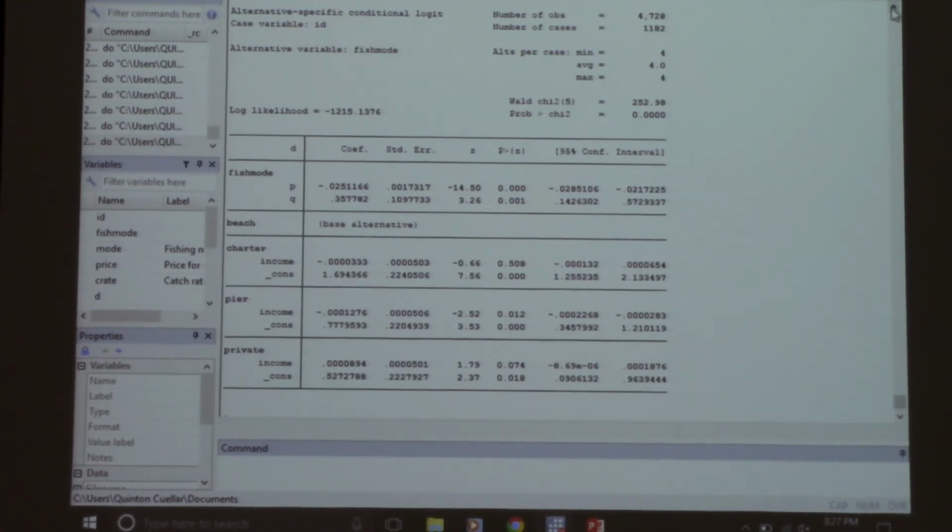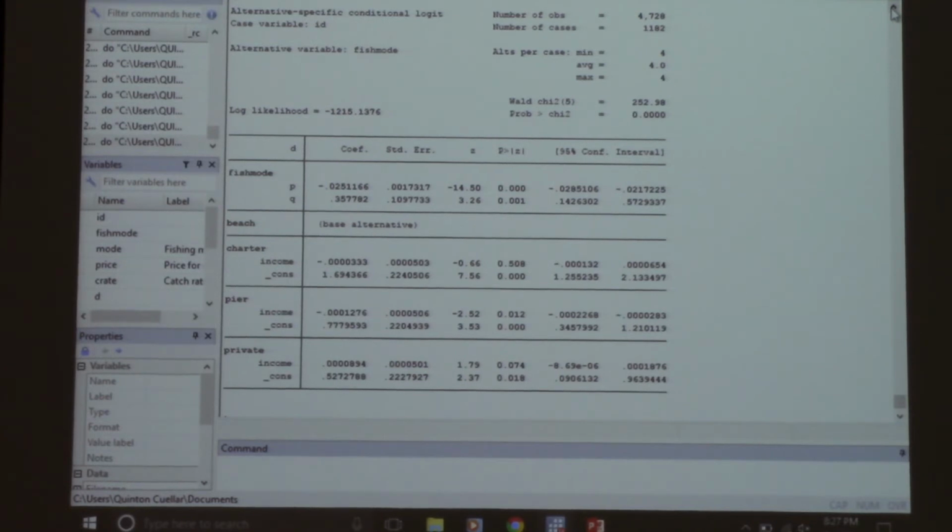The interpretation of the alternative specific variables is that, again, price is negative. As the price of one alternative goes up, the probability of choosing that goes down. It's negative and significant, which is nice. And as the catch rate of one alternative goes up, the probability of that alternative goes up, and the probability of the other alternatives goes down.